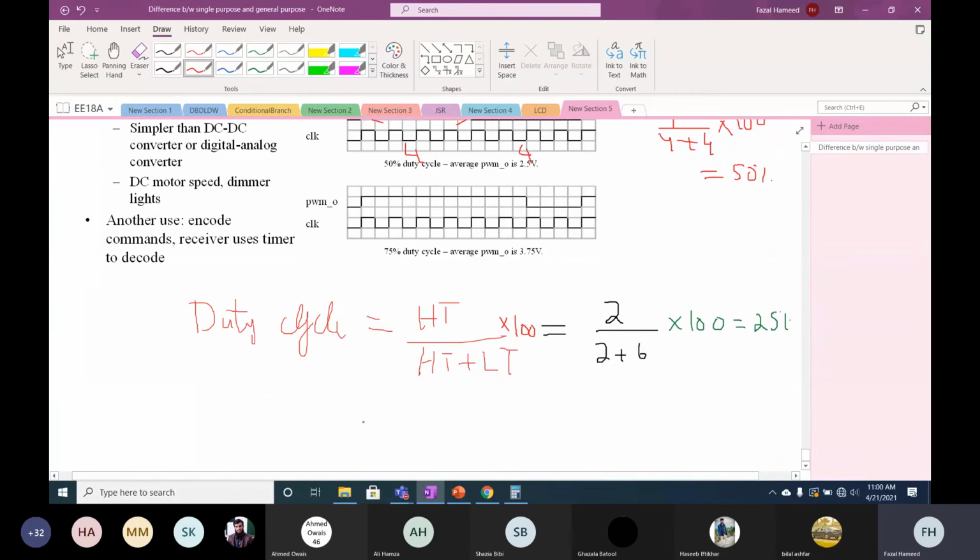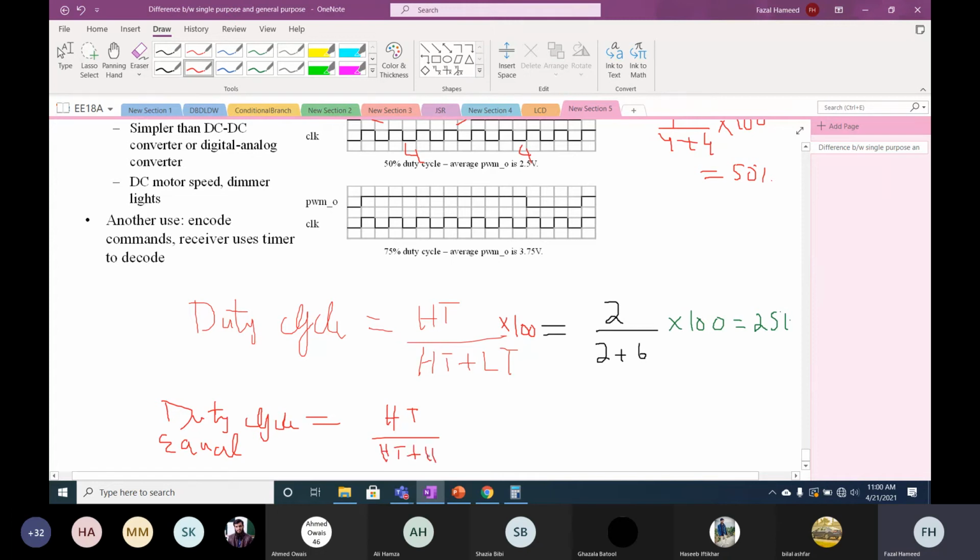So it means that the duty cycle, if both are equal, you can write it like this: high time divided by high time plus high time, because high time is equal to low time.